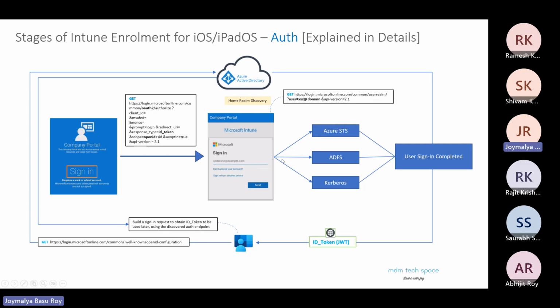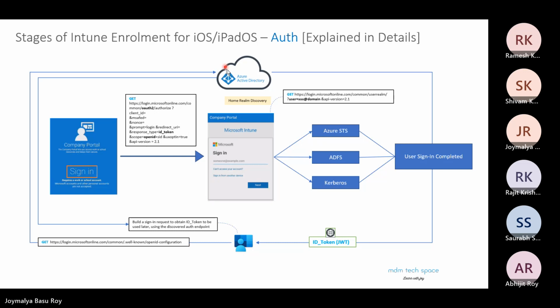So the SAML response is going back to Azure Active Directory. See, even if your authentication is happening on premises, who is the one who is getting the request? ऑथेंटिकेशन रिक्वेस्ट कहाँ पे जा रहा है पहले? Azure AD.